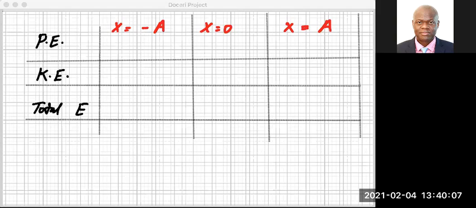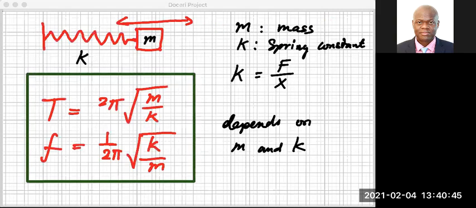Remember in class, I don't expect you to necessarily have mastery of everything, but attempting the problem definitely helps you understand it better when the final answer is explained. So at 0, again, potential energy depends on how far you displace it from equilibrium. And I'm going to give you the equations.